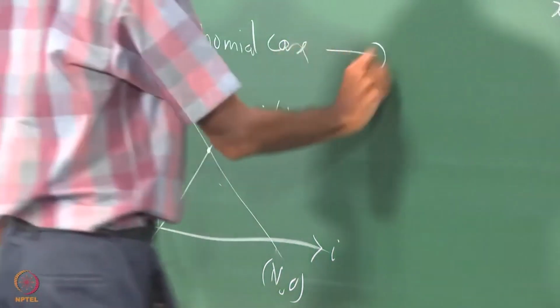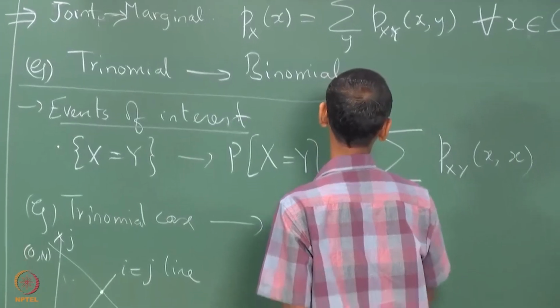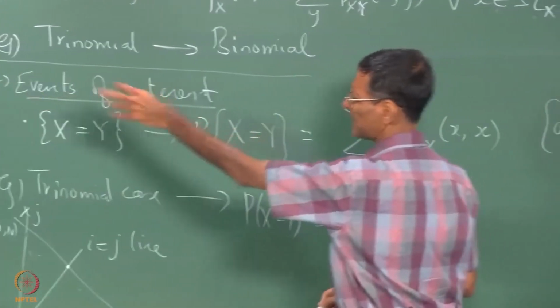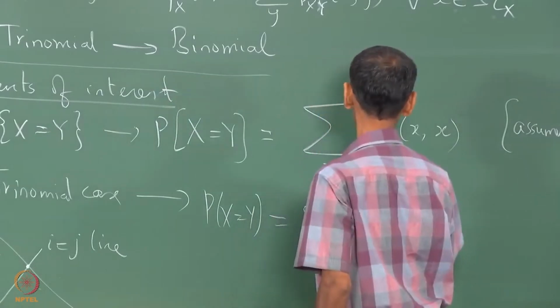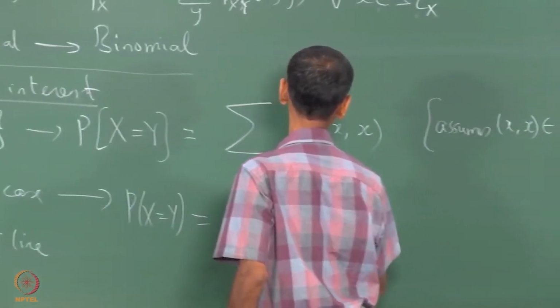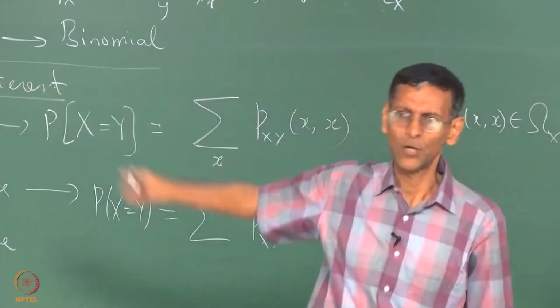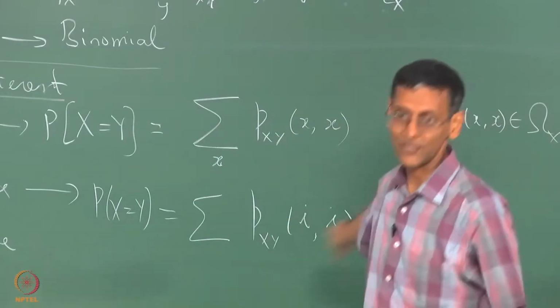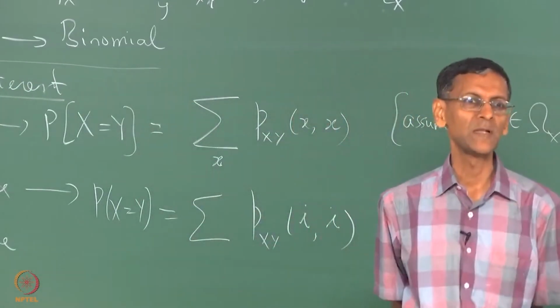So, this is the i equal to j line. What happens here? How do I write this? I will just write it as pxy(i, i). Anybody can substitute j for i; I am not going to write it all over again. But what we are interested in are the limits of the summation. What are the limits of the summation?